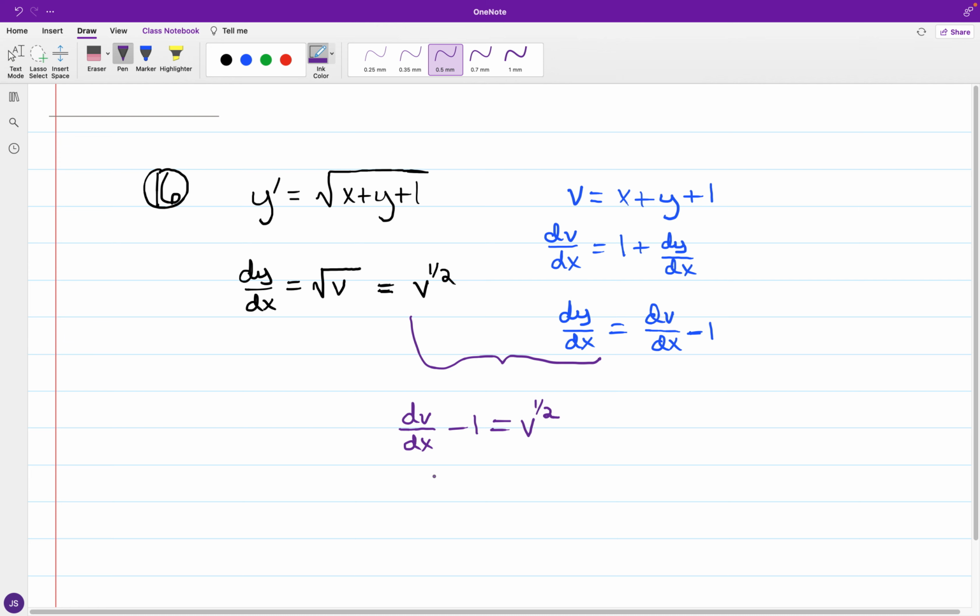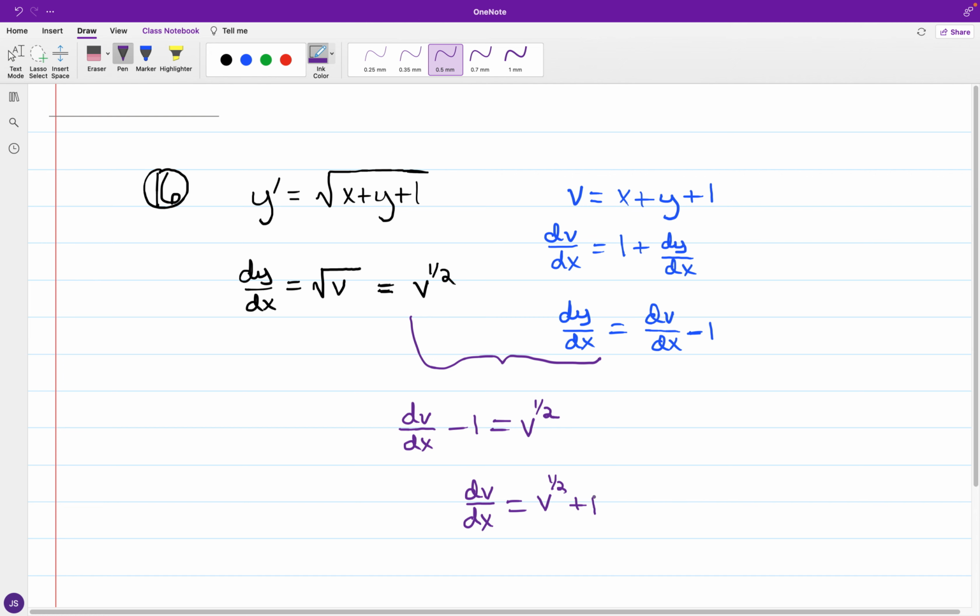And if I look at isolating the derivative, if I add 1 to both ends, we have dv over dx is equal to v to the 1/2 plus 1.